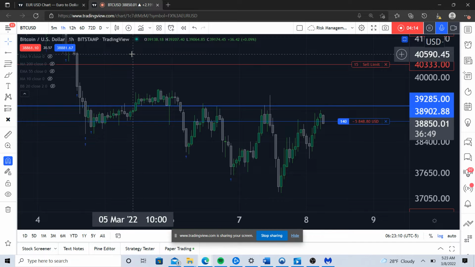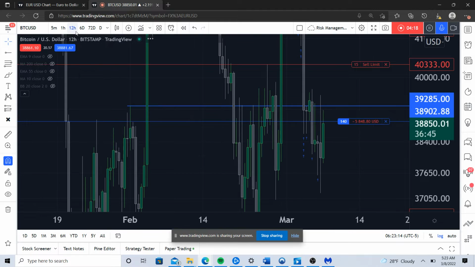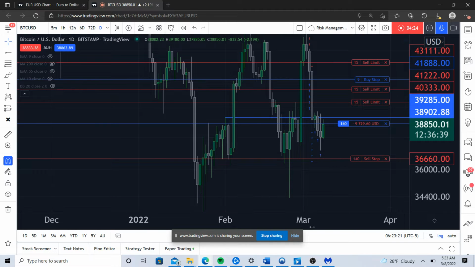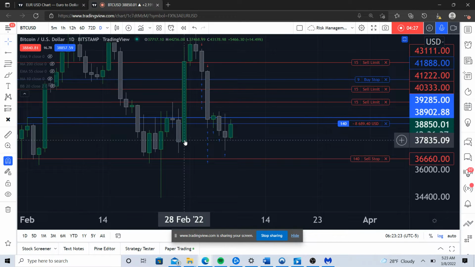We covered that in previous videos, but the idea is basically that, even though we're on an hourly chart, we're at a higher time frame level, whether you're on a 12-hour or a daily, being right here.